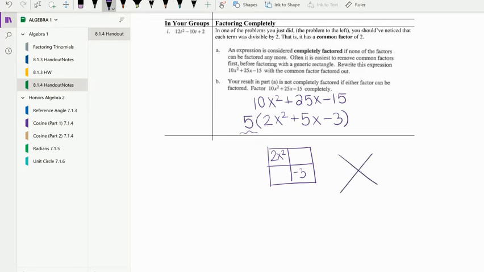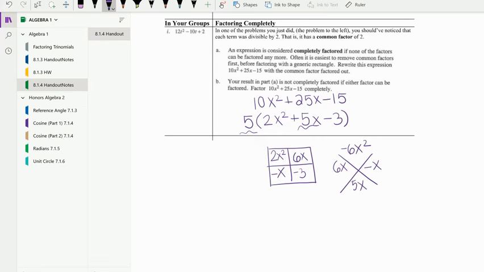I make my x, the product of that diagonal is negative 6x squared. And then the sum would be 5x. So I need two numbers that multiply to negative 6x squared but add to 5x, and that would be 6x and negative x. You place those factors in the boxes, and then I find the outsides.